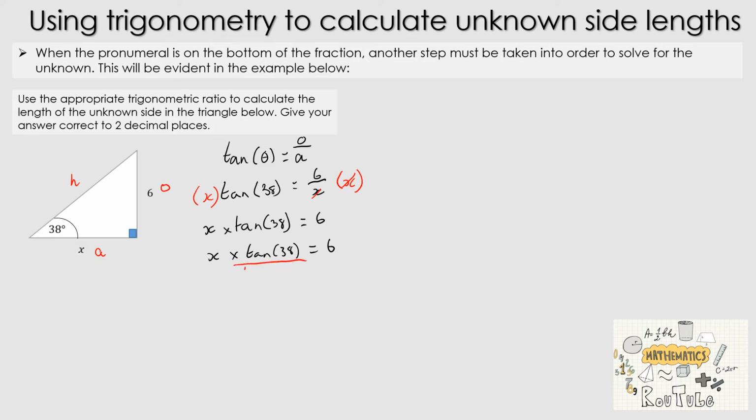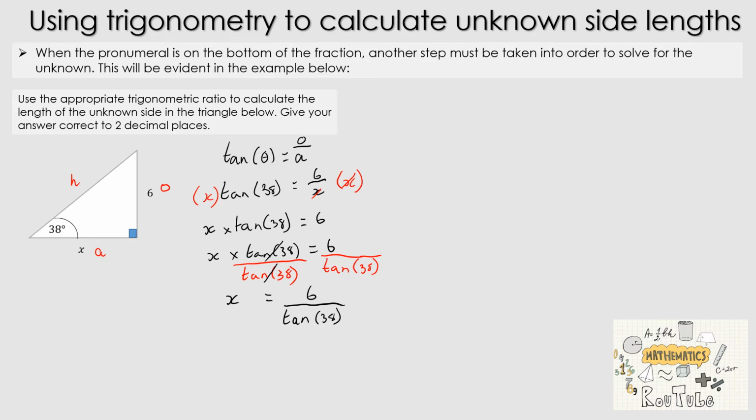We're going to divide both sides by tan 38, which is going to isolate our x, which is the objective of the question. So on the left hand side, these 2 cancel out and we're just left with x. And on the right hand side, we're left with 6 divided by tan 38.